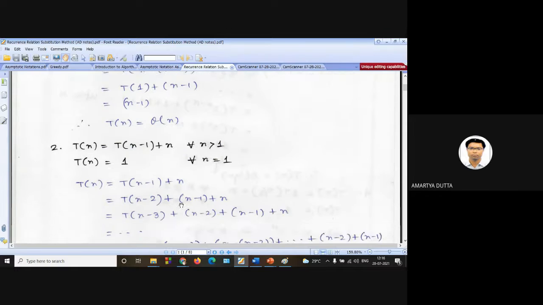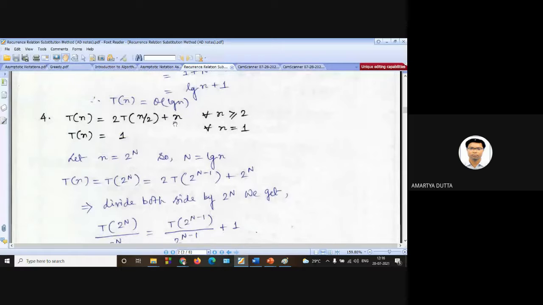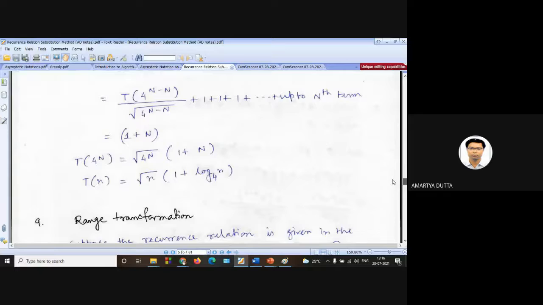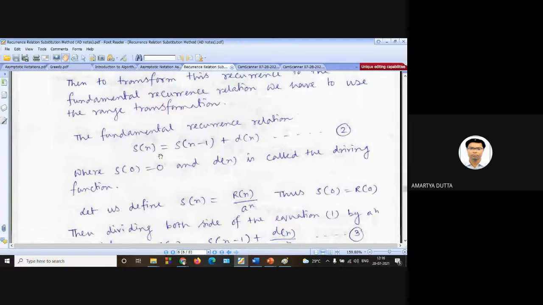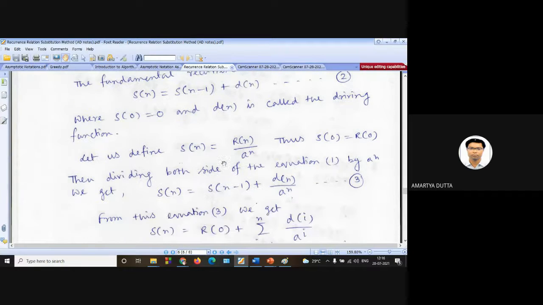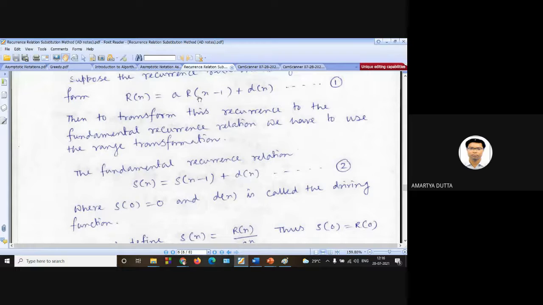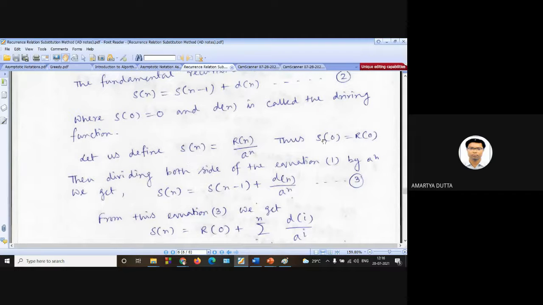In the second example, this is n. In the third example, this is again constant. Fourth example, again, this is n. Okay. So this is the fundamental recurrence relation. Now we have to define S(n) = R(n) by a to the power n. Thus S(0) is equal to R(0).